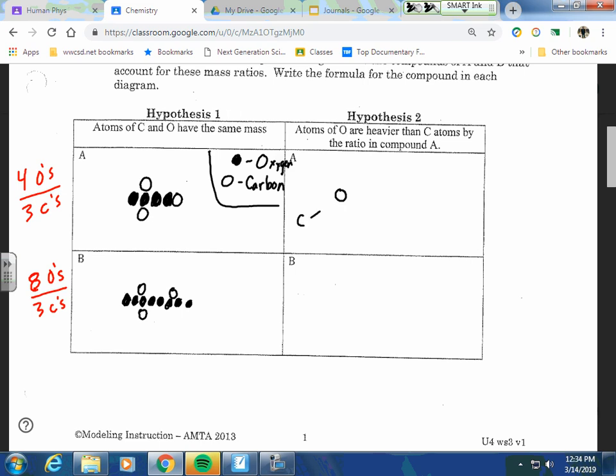And I'll just say, in terms of relative mass, carbon has a mass of 1. If carbon's mass is 1, then that would mean oxygen would have to be 1.33. Okay? I'll make it a little bit bigger, and I'll say this is oxygen, and then I'll put a 1.33.